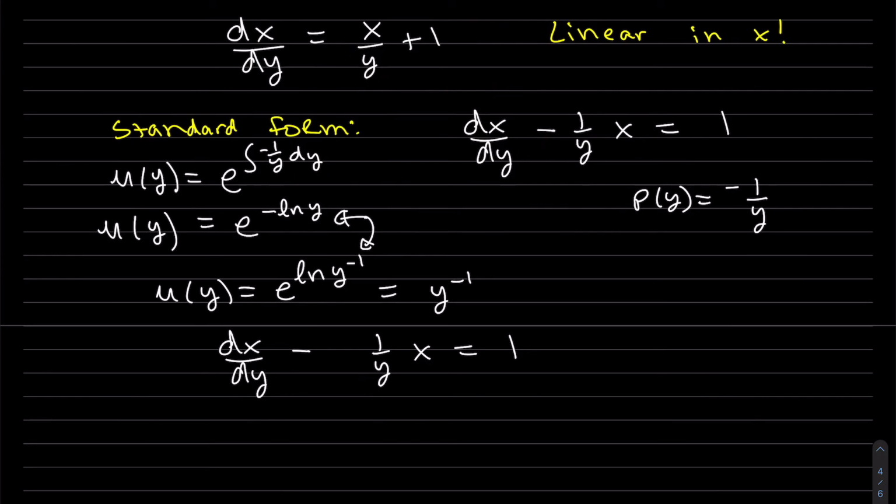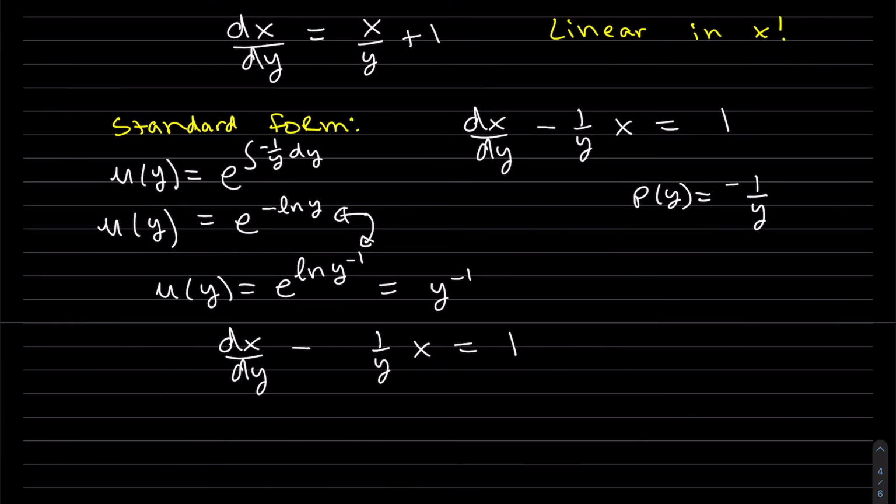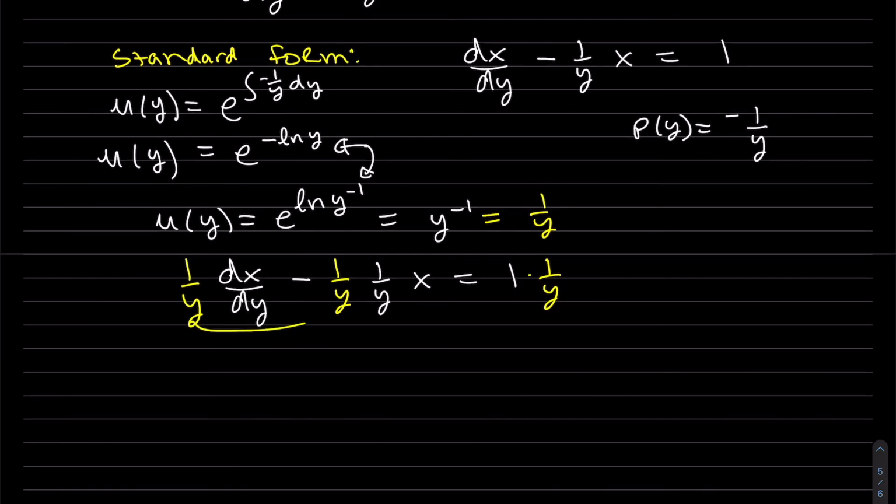So we multiply both sides by our integrating factor. I'm just going to use 1 over y. So this is 1 over y, 1 over y, 1 over y. We write this as a product.